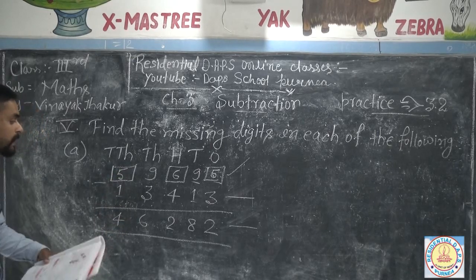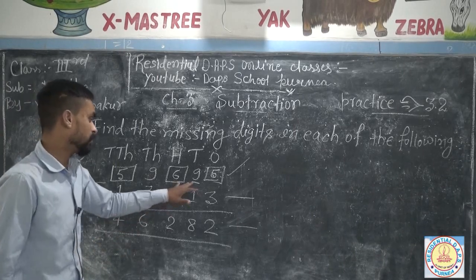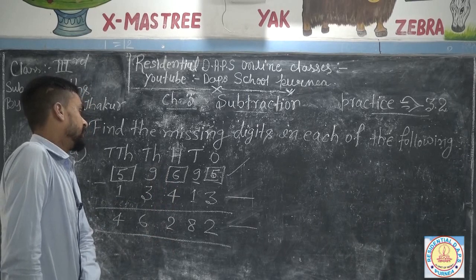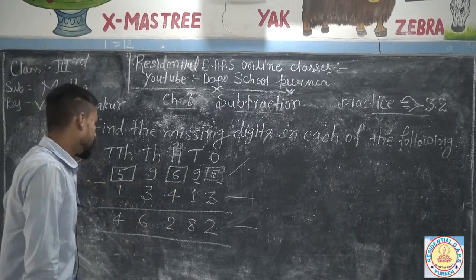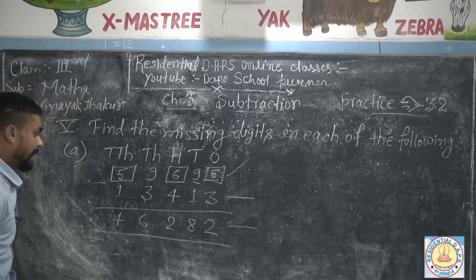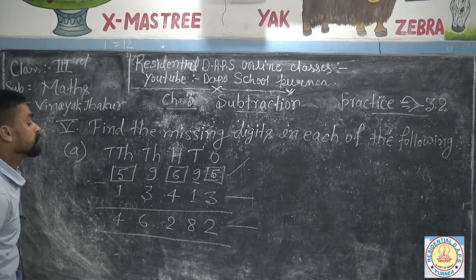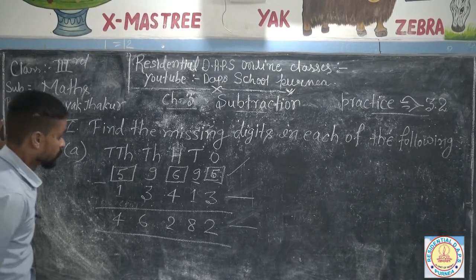So this is your minuend. To find the missing numbers in the minuend, you have to add the subtrahend and the difference of any subtraction.